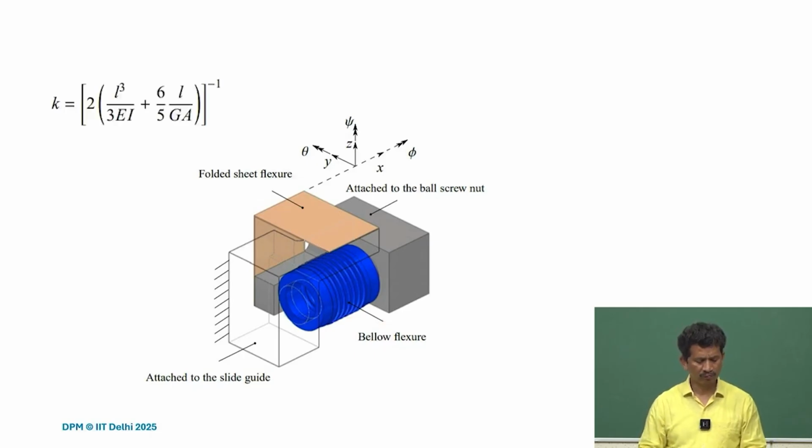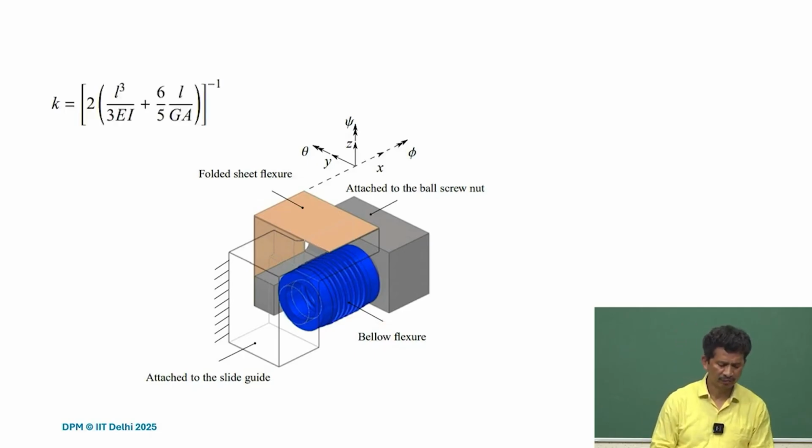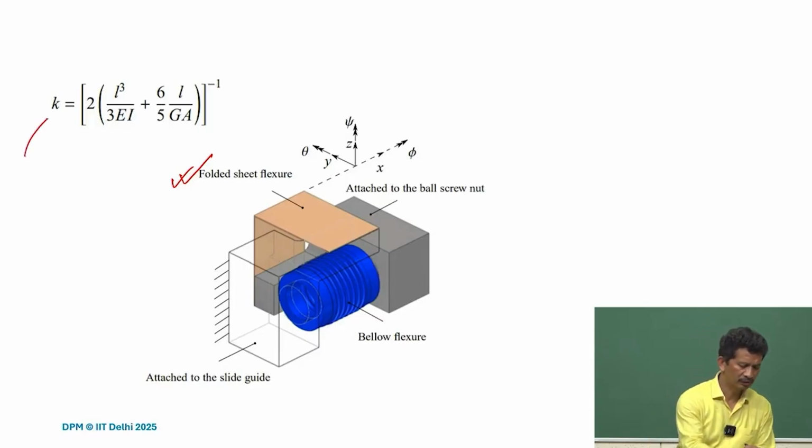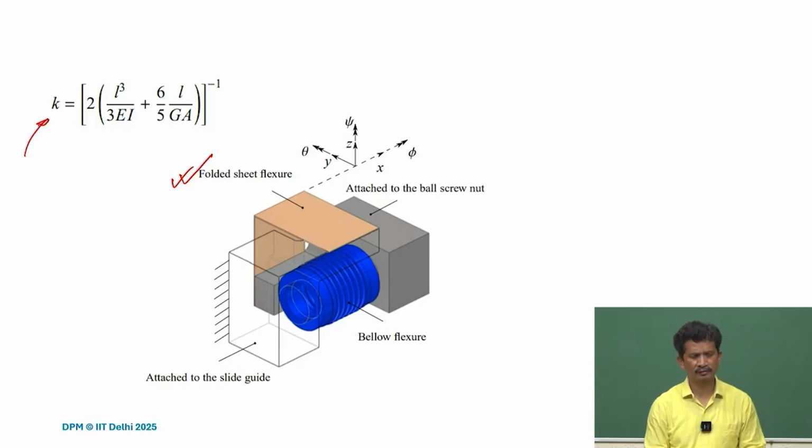So when we have to design this, what are the things we have to look at? So of course, for the folded sheet flexures, if we look at the design and we refer to the literature or to the lecture where we covered, what is important is the stiffness along this direction.